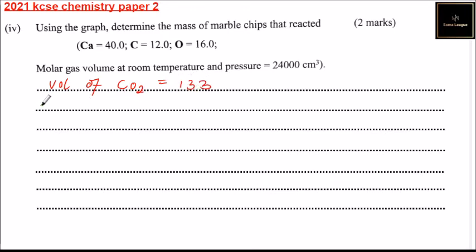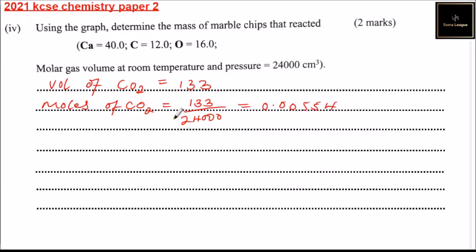So you can calculate the moles of carbon dioxide, which is equal to the volume, which is 133, divided by the molar gas volume, which is 24,000. That will give you 0.00554.